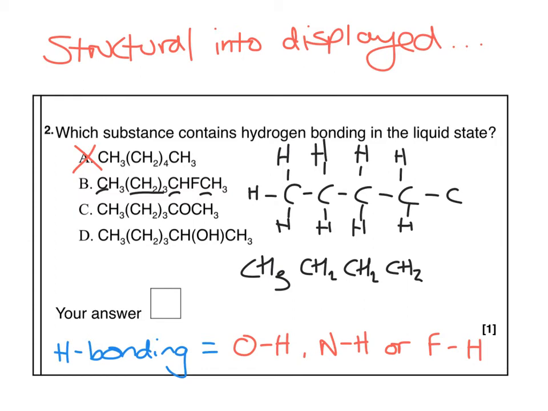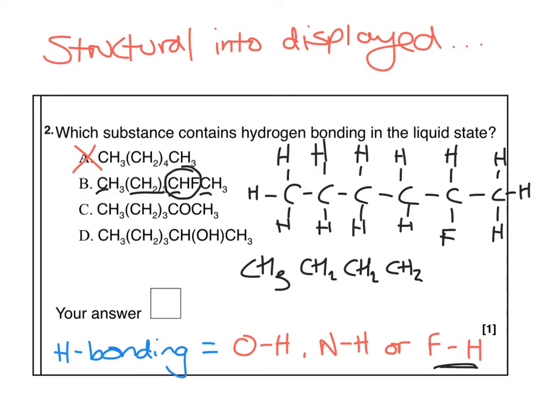Now I've got a CHF. That's a carbon attached to a H and also attached to an F. And then on the end I've got CH3. This is where there might have been some confusion, because you're thinking, oh, hang on a minute, I've got FH. You haven't.